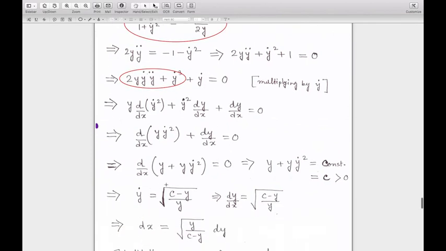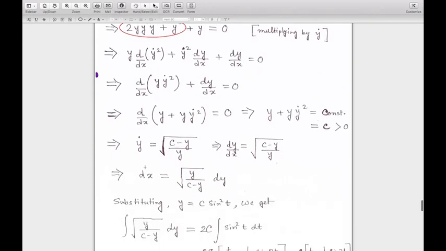So finally you can easily write this as d/dx of y plus y dot square is equal to 0, and this quantity is constant, right? Then y dot is equal to root over c minus y by y.